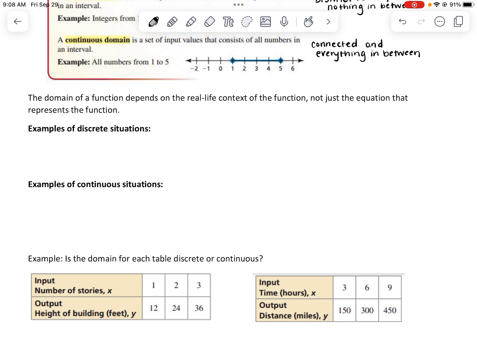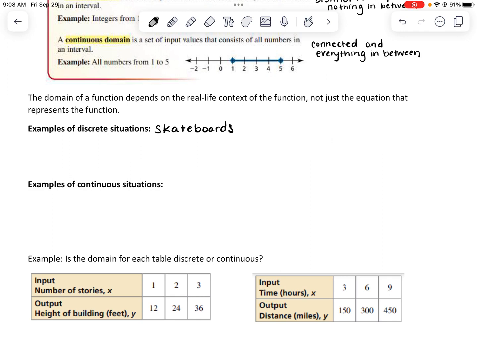I'll give us one to get started. What if I said skateboards? I can have one skateboard, 2, 3, but I'm not going to have 1.2537 skateboards, right? It's not going to be continuous. I have 1 or 2 or 3 or 4 or so on.